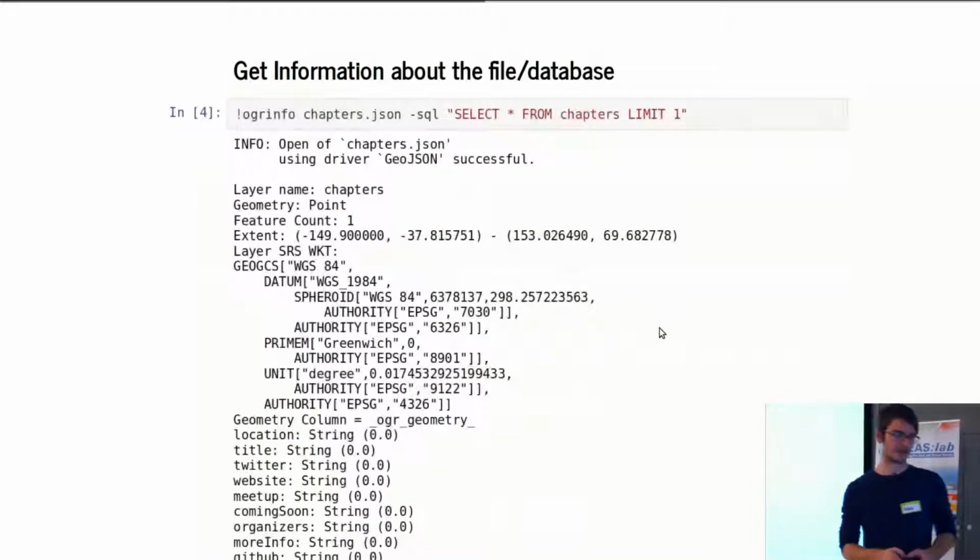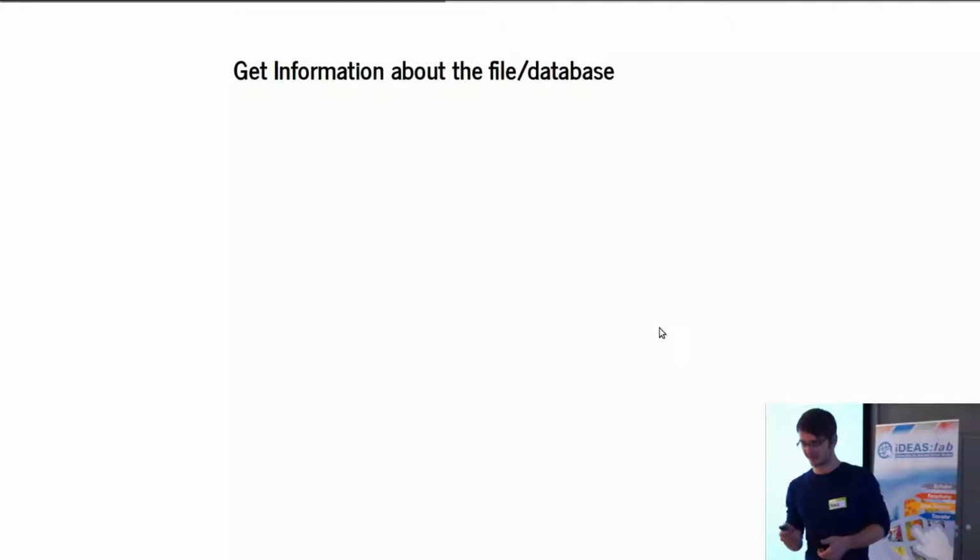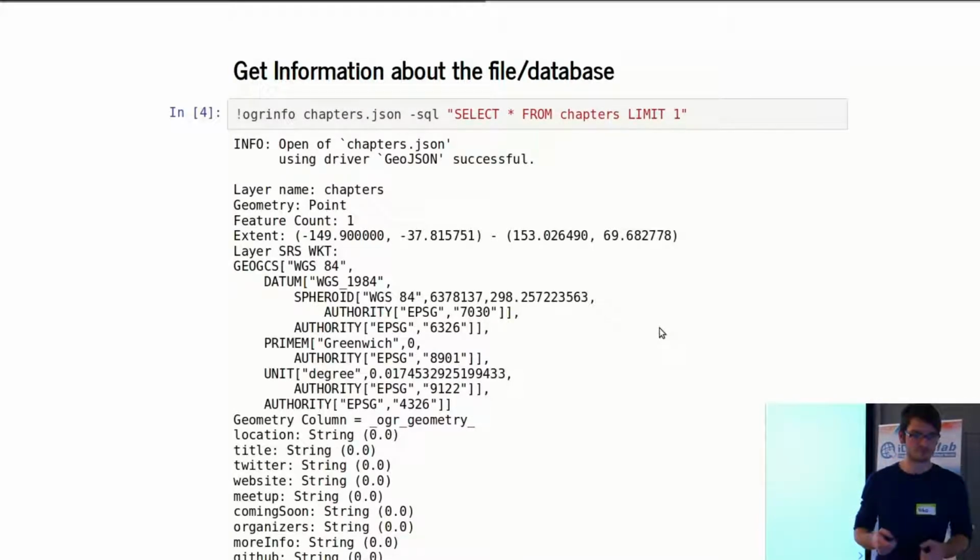For example, if you want to analyze what is in a file, you can do a SQL query. You can say, select everything from chapters. I have a file called chapters, which is a JSON file, and I want to get all the data shown by the program.